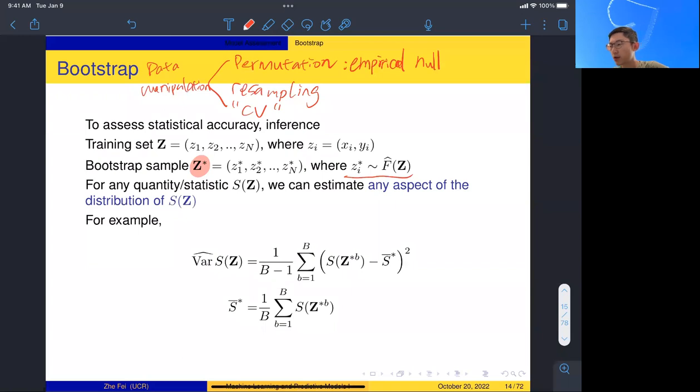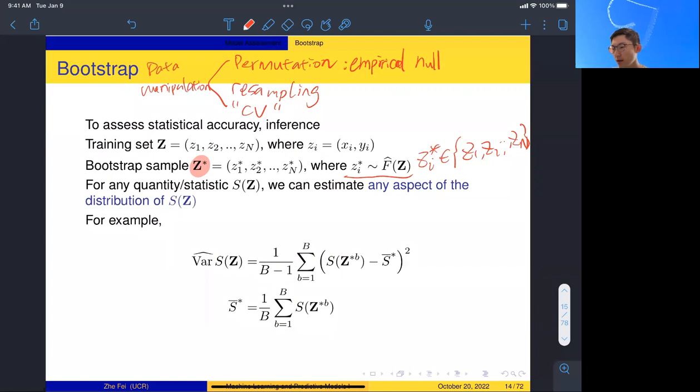In other words, I star is one of the original n samples that you have, with equal probability. Each I star has 1 over n probability of being one of your original samples. And so immediately you could see that for bootstrap samples, you could have the 1 star equal to the 2 star, right? You could have repeated samples.